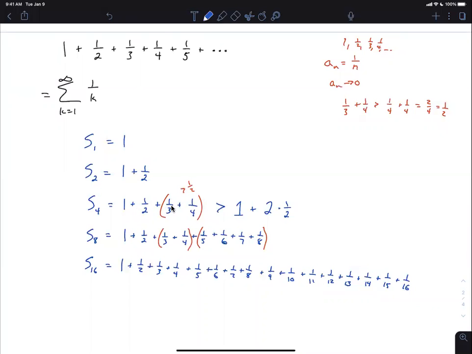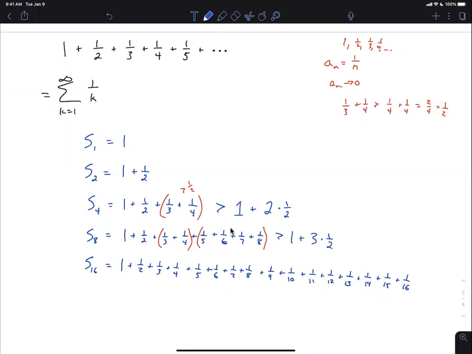So it's bigger than 2 halves added to this. This is 1 and then 1/2 and then another 1/2, but bigger, and then another 1/2, but bigger. So this one's bigger than 1 plus 3 times a half. Does everybody see that?